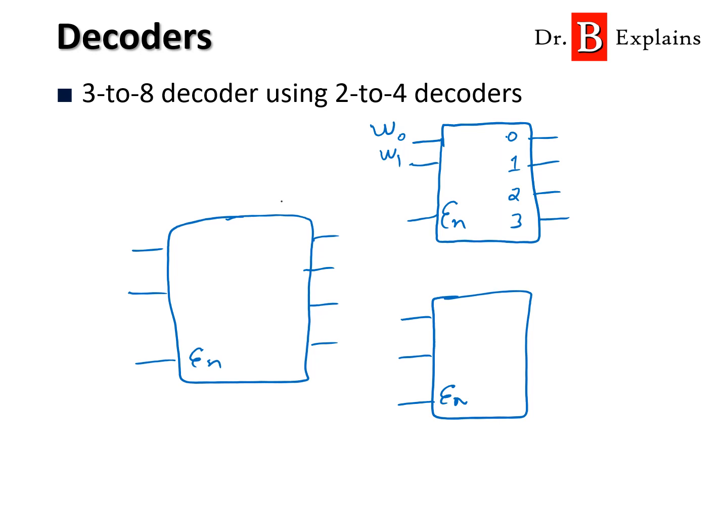And so we can have the same here, W0, W1, 0, 1, 2, and 3. And so depending on that, which one it's going to be turned on, the top one or the bottom one, right? So that's going to correspond to the top of the truth table, the bottom of the truth table, and then we can control with another decoder which one is on.